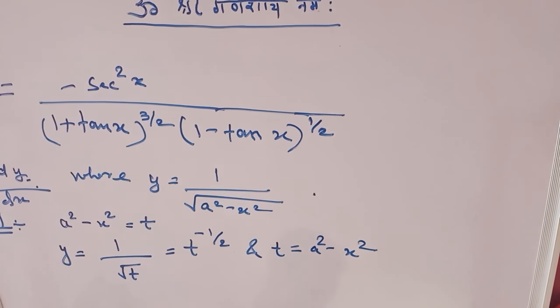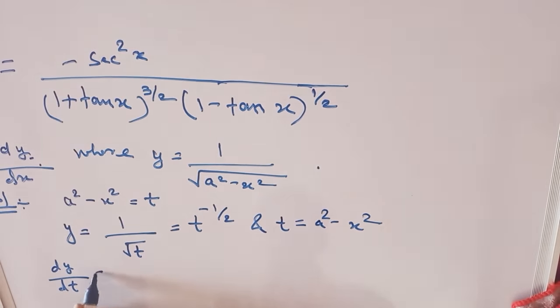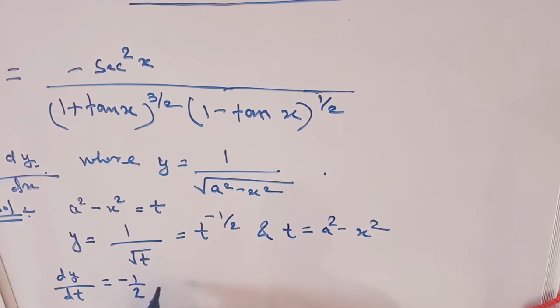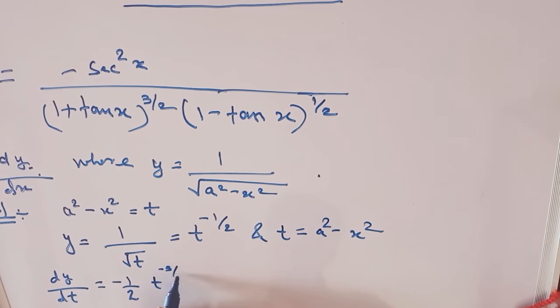Now first of all we have to find dy upon dt. Dy upon dt will be equal to minus 1 by 2 into t to the power minus 3 by 2.